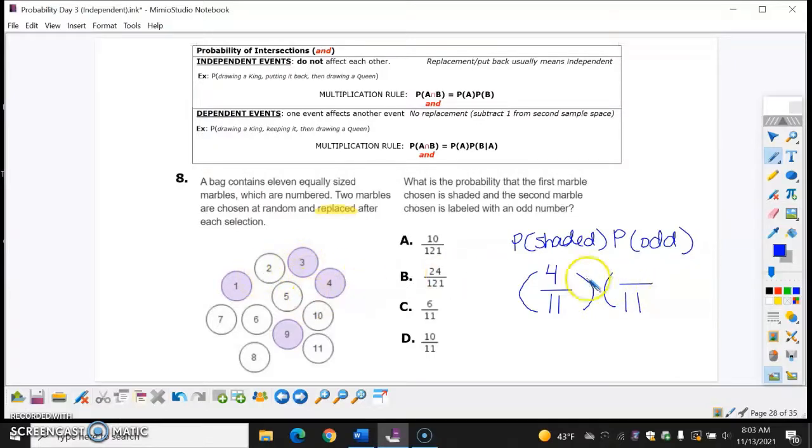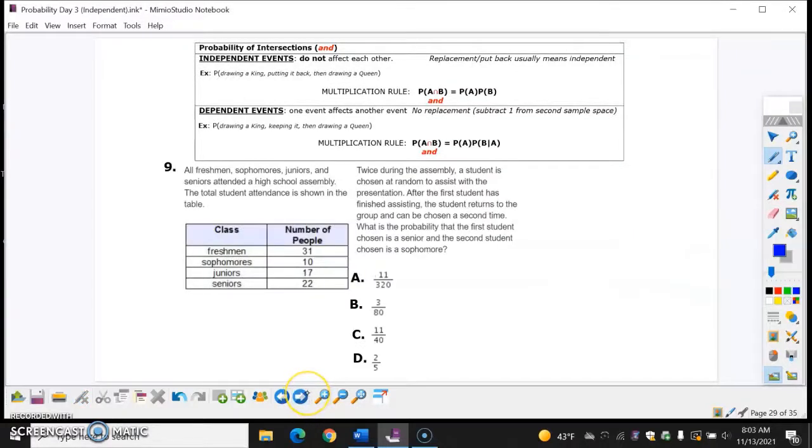And if you count the odd numbers, 6 of them are odd, so 6 out of 11. If we multiply those together, because we're looking at an "and" situation, first is chosen and second is chosen, so we multiply them together. Remember, that's different from the "or" probabilities when we add them together.